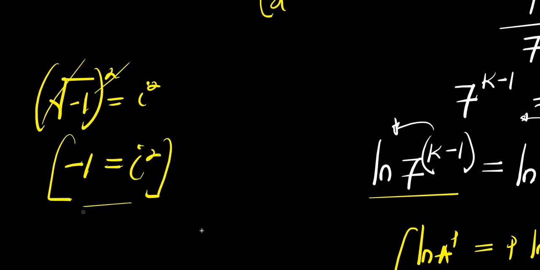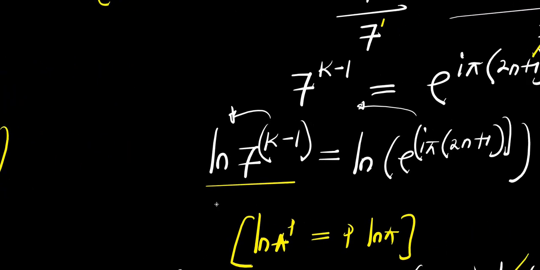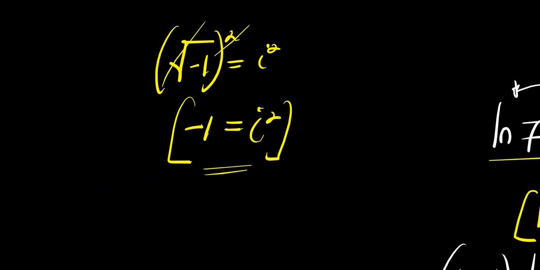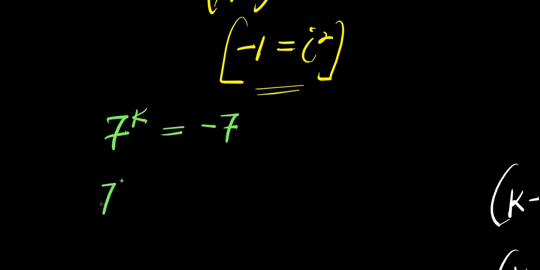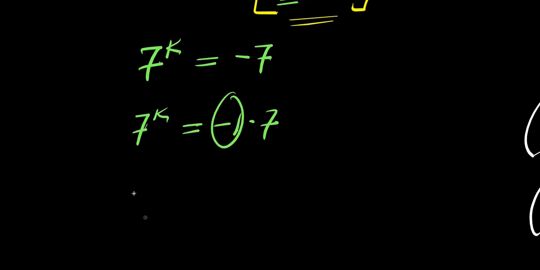Now if you consider this other identity, then instead of having, remember the question is 7 power k equals -7, you can simply have 7 power k equals -1 times 7. So we are going to replace this -1 here with i power 2, meaning that we are going to have 7 power k equals i power 2 times 7.